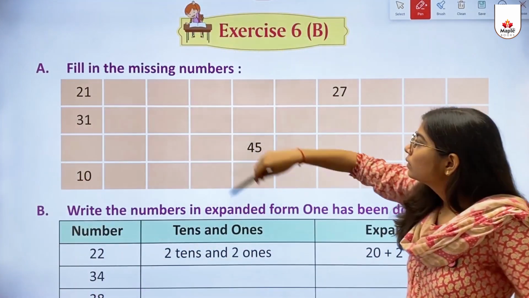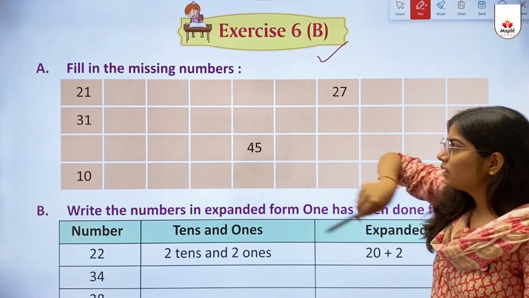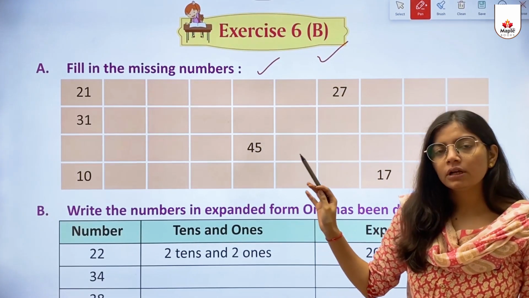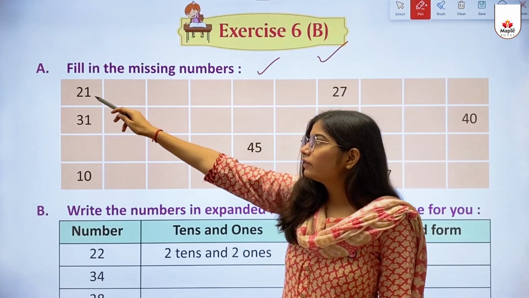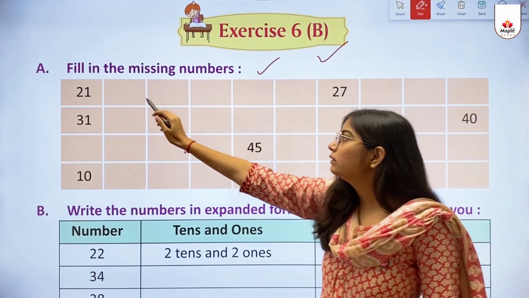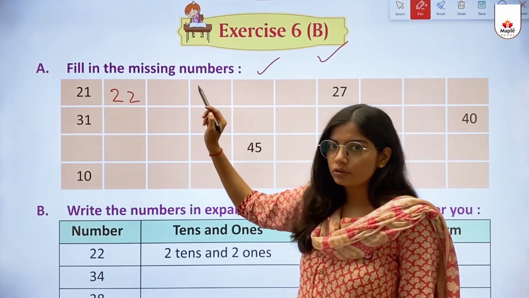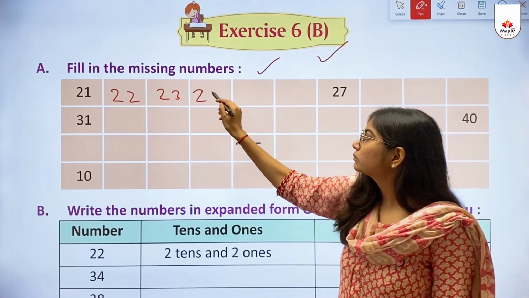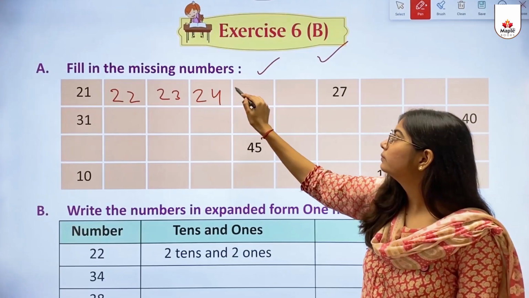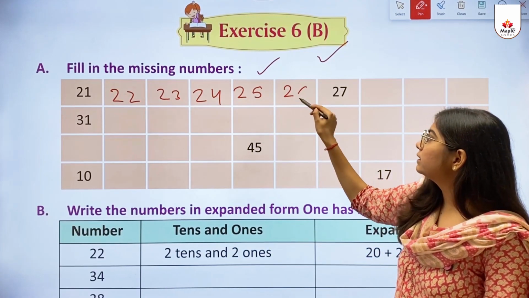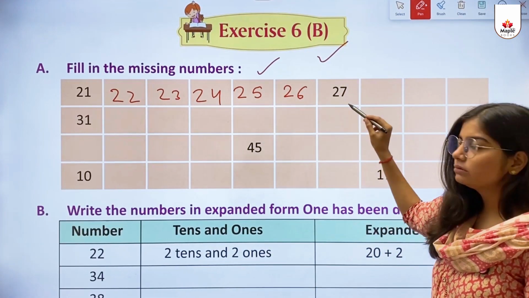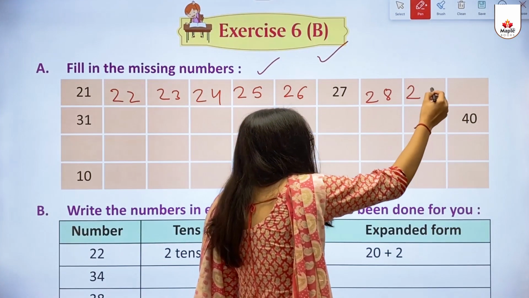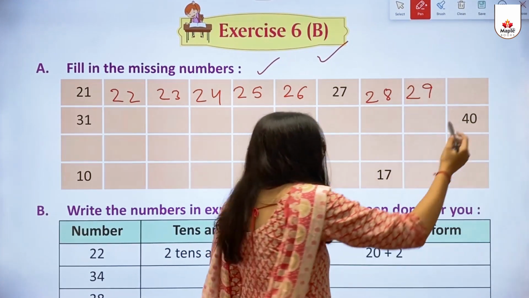Okay. Then exercise 6B. A, fill in the missing numbers. Now we have to fill the missing numbers. We have given 21. Then 22, 23, 24, 25, 26, 27 is given, then 28, 29, then 30.